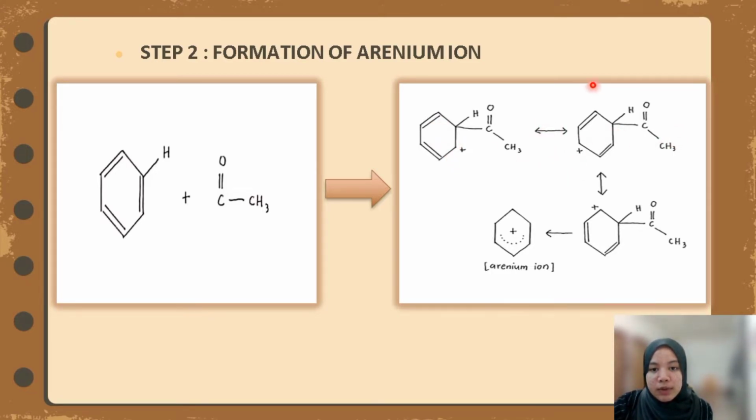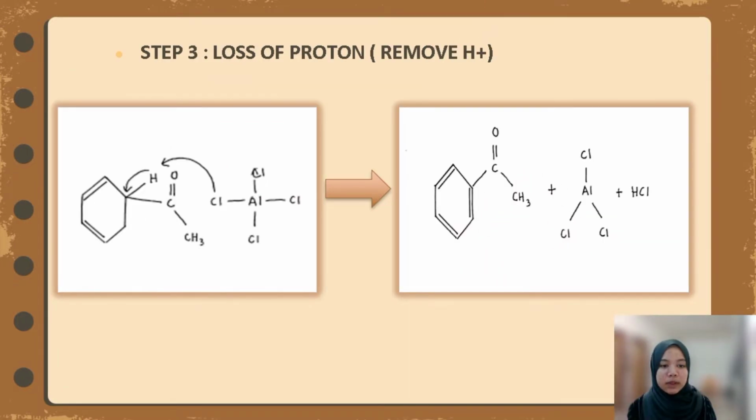It also delocalizes to this structure, where the double bond can move to another position, from here to here, and the positive charge also moves to another position. It also delocalizes to this structure, where the double bond moves to another position, and the positive sign is at a different position, and lastly it will form the arenium ion.